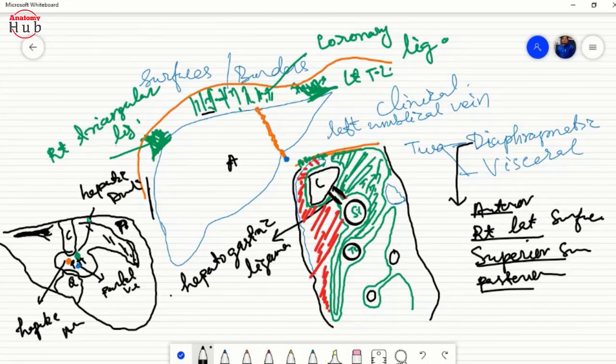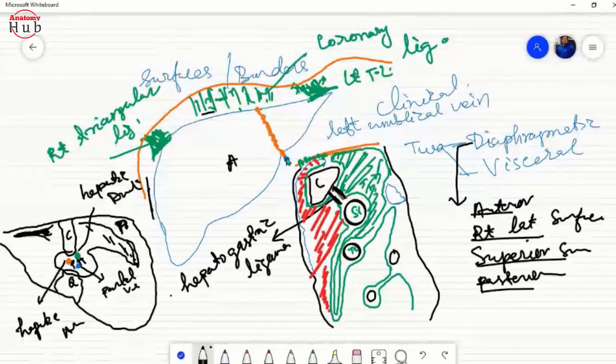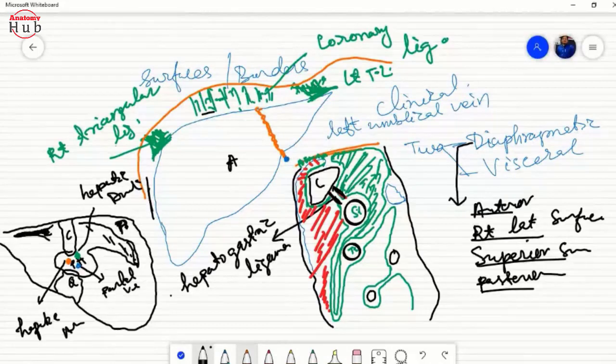Now at this point we have seen the presence of this ligament, the teres ligament. This teres ligament that was present over here will come towards this inferior side. It is going from the anterior towards the inferior side, right?